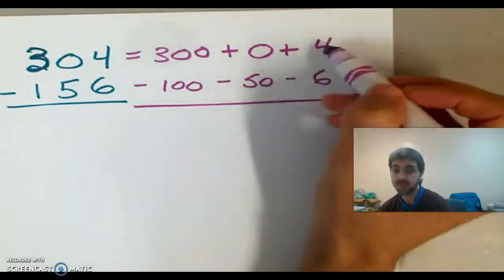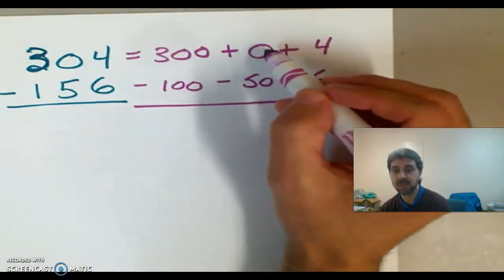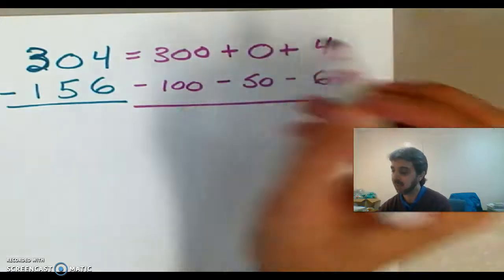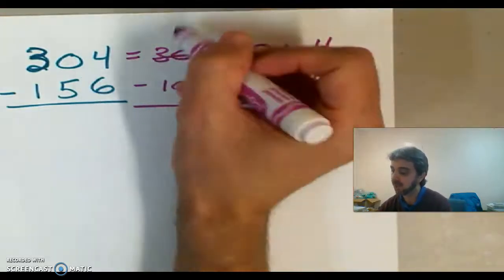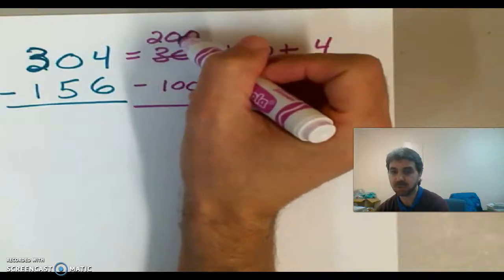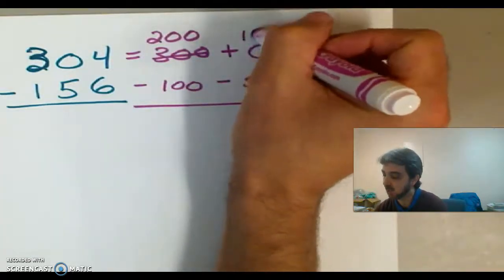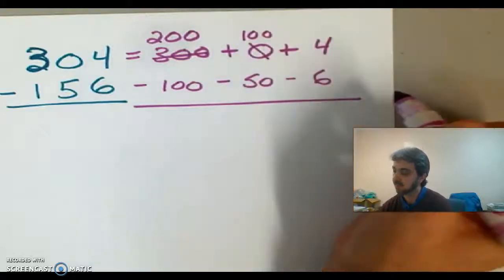Now I can't do 4 minus 6 right now, but I can go to the tens place. There's nobody there. So I regroup one of these hundreds. I take one of the hundreds away, now I have 200, and I give it over here. So now I have 10 tens, which gives me 100.